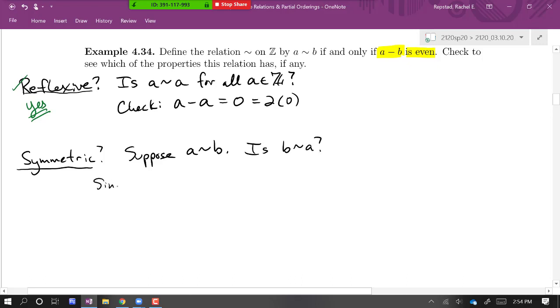So since A is related to B, that means that A minus B is even, right? Or a multiple of 2.